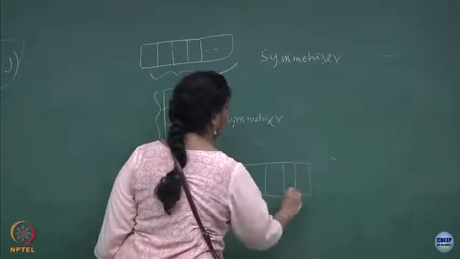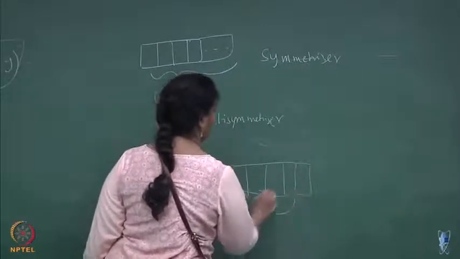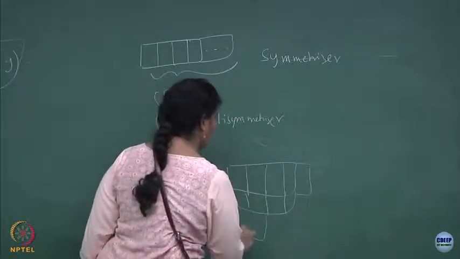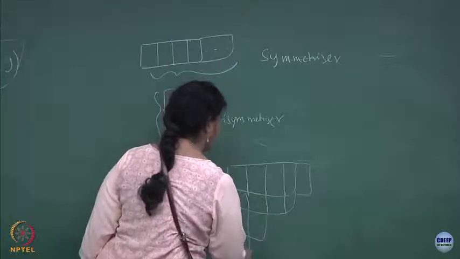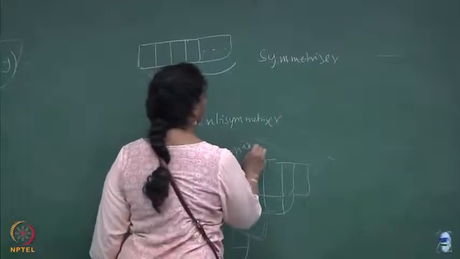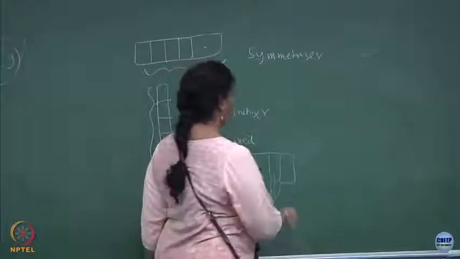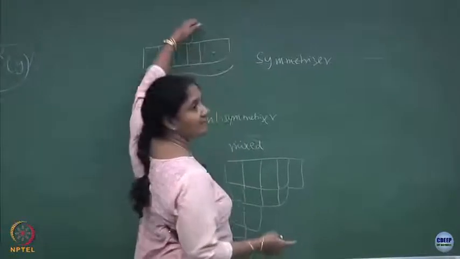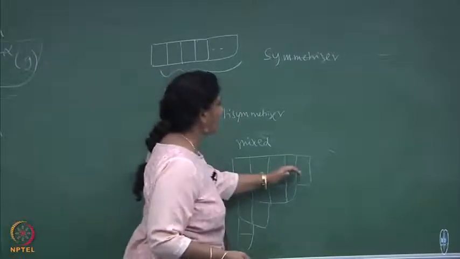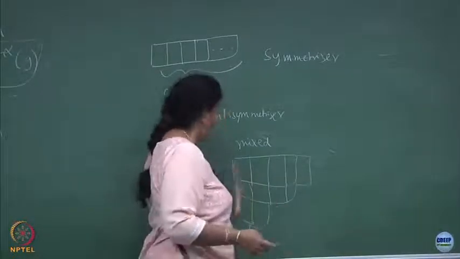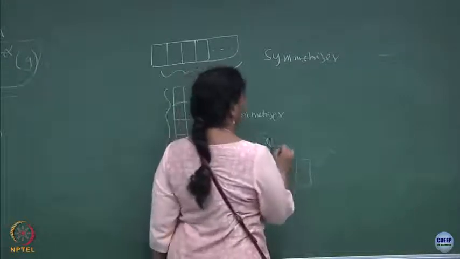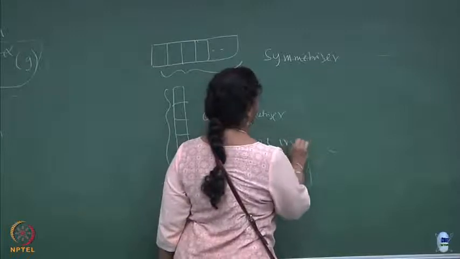Only requirement is that the number of boxes as it goes into the second row should be almost equal to that. That is the convention we are going to follow, and you can have this. So, this is what I will call it as a mixed. Why mixed? It is not totally symmetric, it is not totally antisymmetric, but some of them are symmetric, some of them are antisymmetric, and you mix and match. Okay. So, these are called mixed irreps.